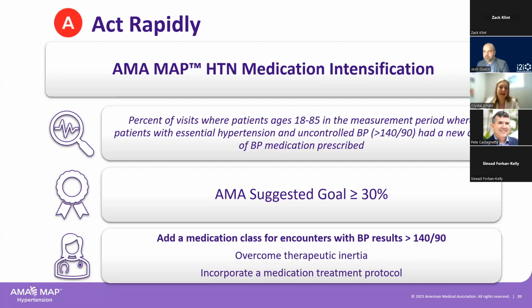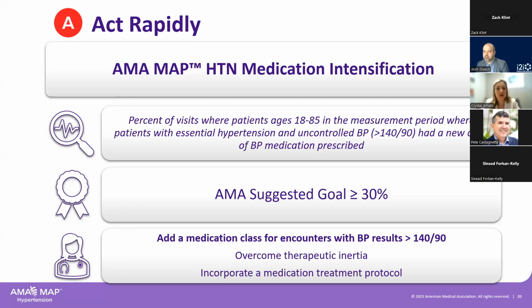All right. The next measure is the medication intensification measure, and that corresponds to act rapidly. This measure is aimed at tackling that therapeutic inertia that we talked about earlier. By definition, we're looking for the visits for adult patients with hypertension whose blood pressure is uncontrolled, meaning greater than 140/90.